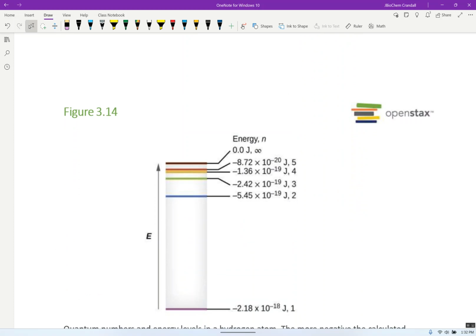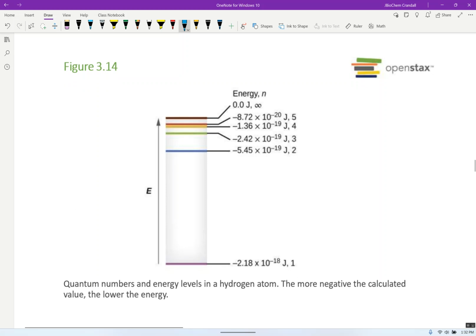So here is showing you different energy levels. As you move up in energy, you're moving up in these energy levels. Remember, Planck was talking about quantization of energy, moving from one energy level up into the next energy levels, right? And that's what's happening there. That's what they're showing.